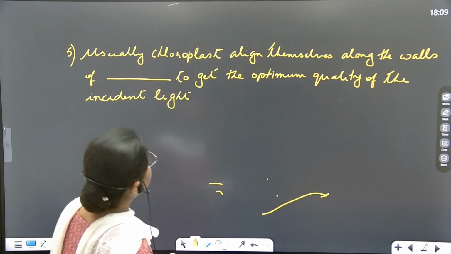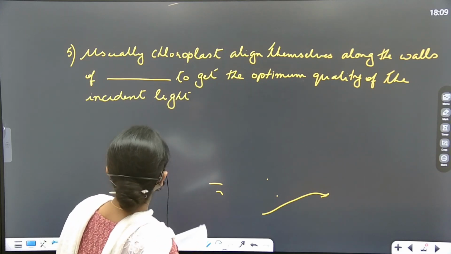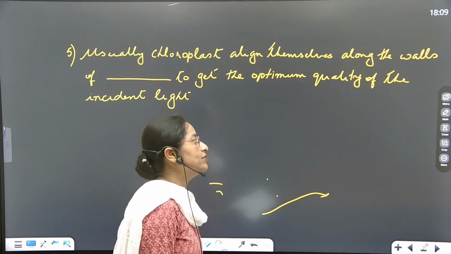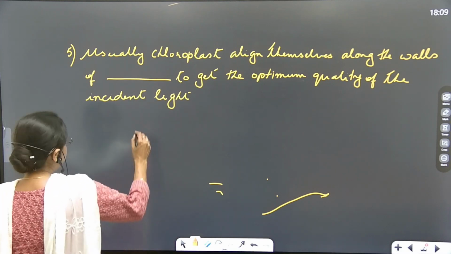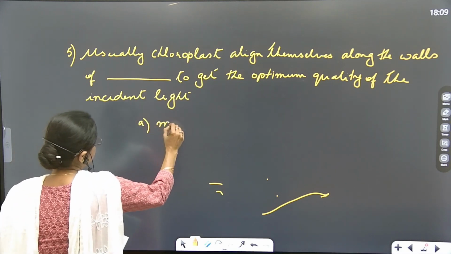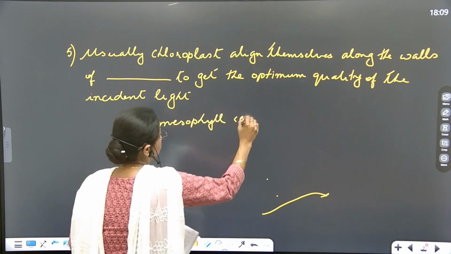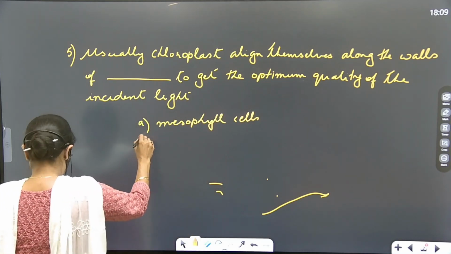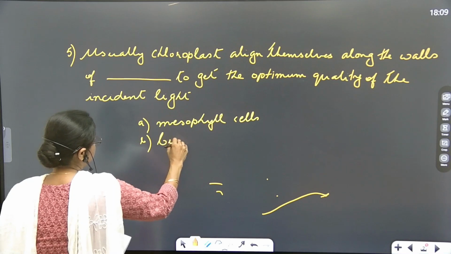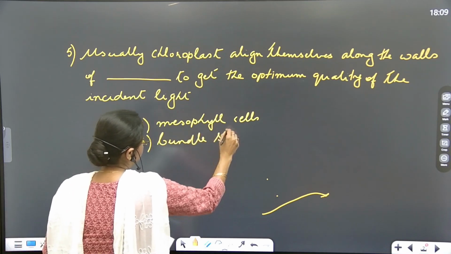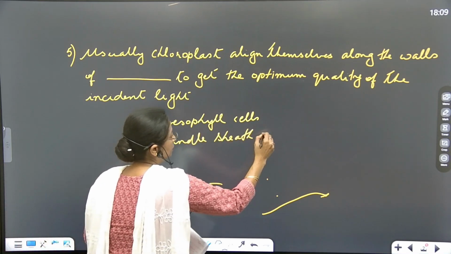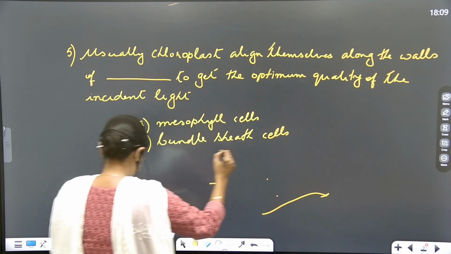Usually, chloroplasts align themselves along the walls of dash to get the optimum quality of the incident light. Option A is mesophyll cells. B, bundle sheath cells.